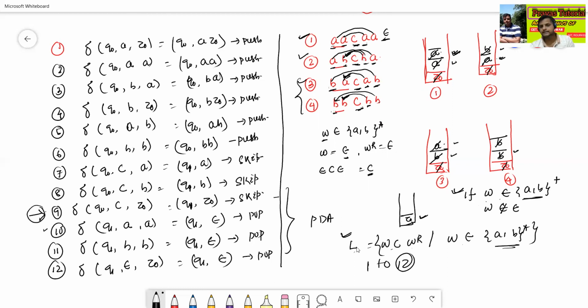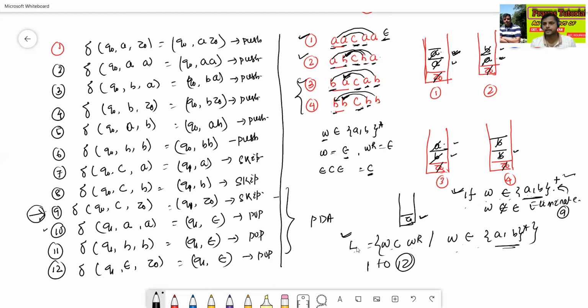If the condition is W belongs to (A, B) whole plus, all transitions are the same, just eliminate one transition, the ninth. Because in (A, B) whole plus, W does not contain any epsilon.